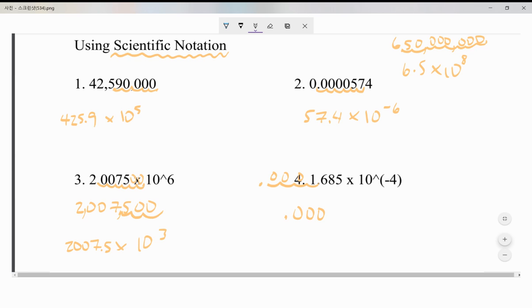Okay, so 1, 2, 3, 4 ahead. 3 zeros, 1, 6, 8, 5. Okay. You want to have that right here. And if you want to do that, we have to go back in by 1, 2, 3, 4, 5, and 6. So 10^6 times 168.5. Okay?